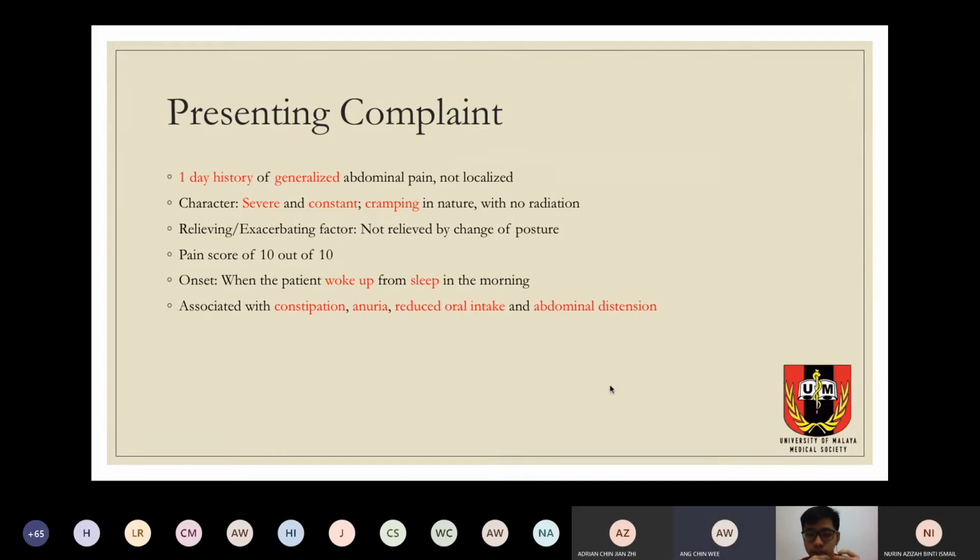When it comes to abdominal symptoms or abdominal signs, abdominal distension is very important. Constipation, if it's 1-day constipation, do you think it's going to be important? No, it doesn't. This is what I mean by having that forward thinking already, to exclude and include certain clues that you think you need to ask further.